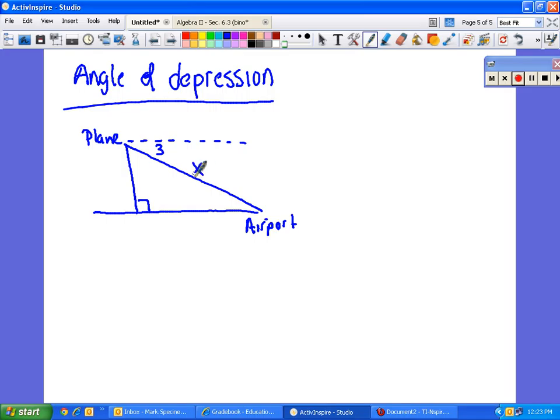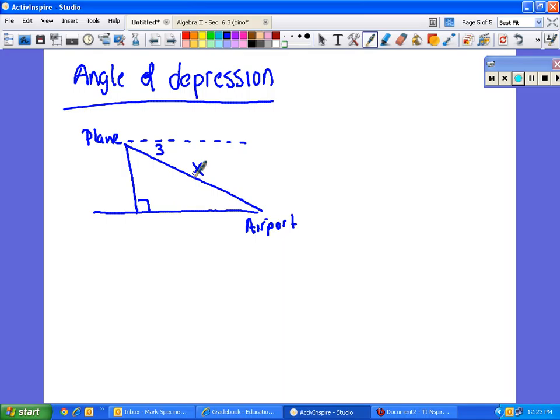How high are we? We are told that the pilot has to start making his descent at 2,714 feet. Right?